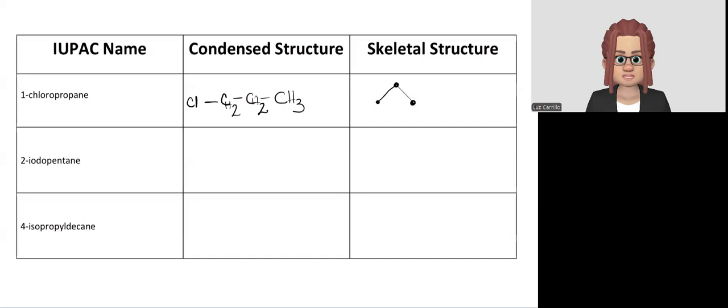Next, I'm going to write next to carbon number 1, the chlorine. For me, I'm just going to draw it like this, but it is, again, your artistic expression. If you want to slant it to the side, pointing down, pointing up, as long as you put the chlorine on the first carbon, you are writing the correct structure. As you can observe, that is the structure for 1-chloropropane.